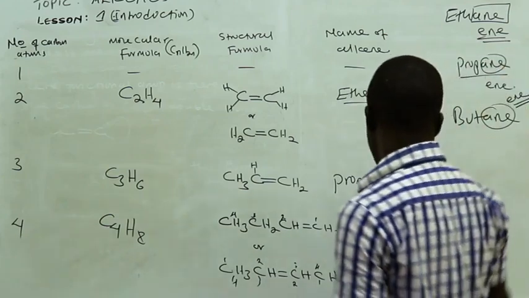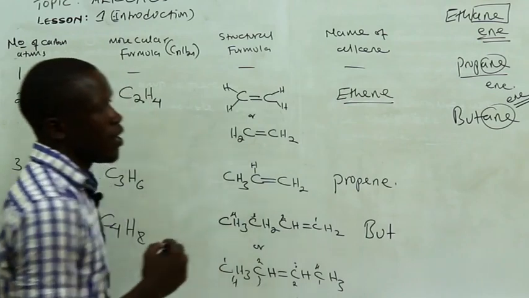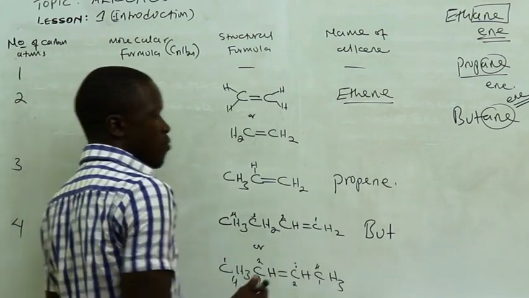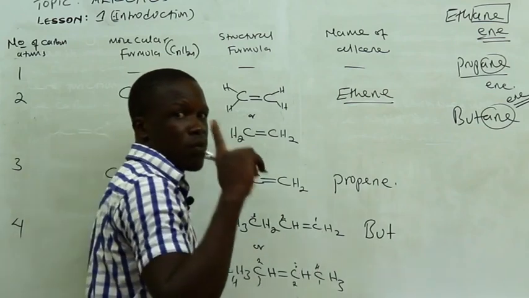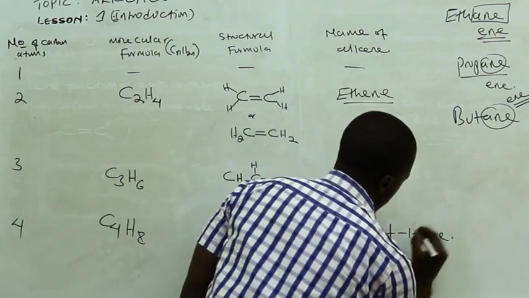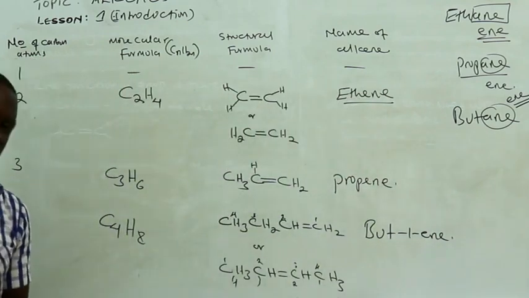So the name would be from butane, okay? But before we say butene, we need to put the position of the double bond. And here the position is on carbon atom number 1. So but-1-ene. Remember these rules that we separate numbers from words using dashes.